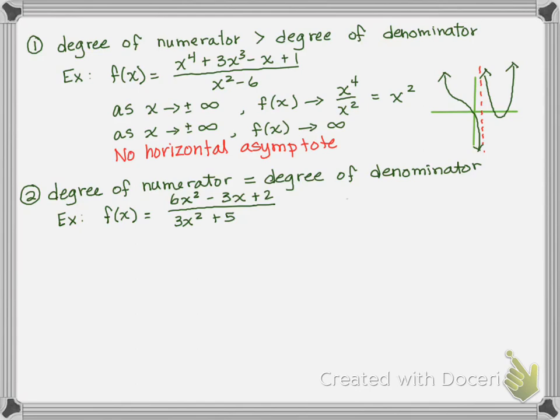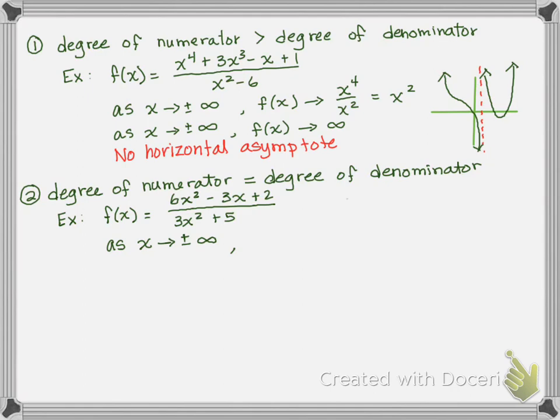So looking at our leading coefficients, which give us our degrees, we have degree 2 and degree 2. So the degrees are the same, which means that as x approaches positive or negative infinity, and again, as x gets really, really big or really, really negative, all the terms except the leading term become negligible.